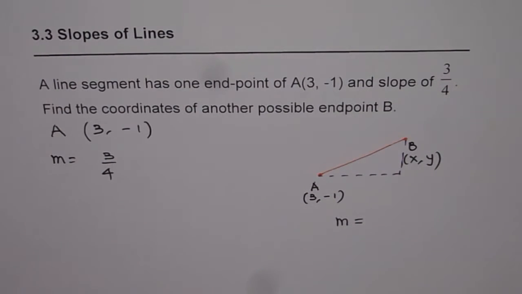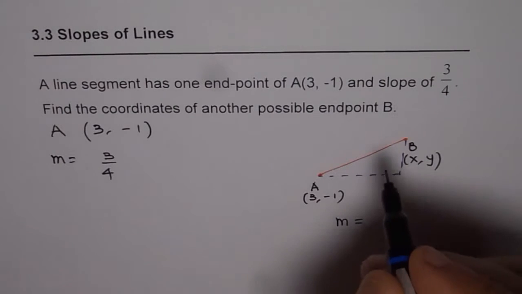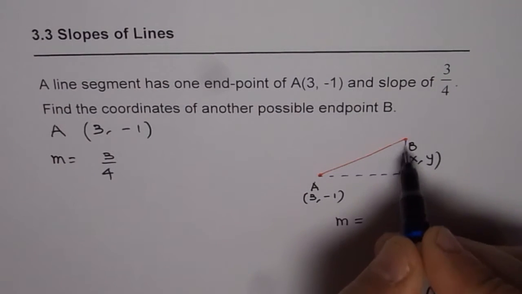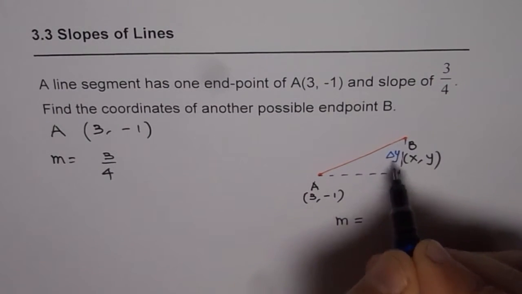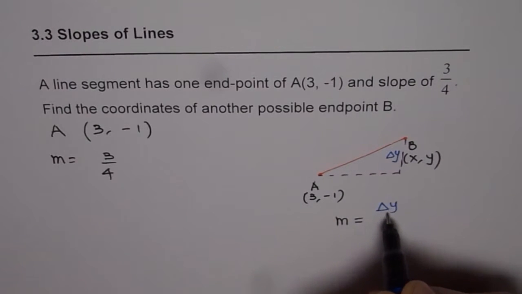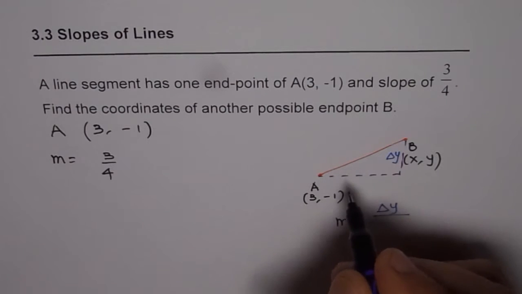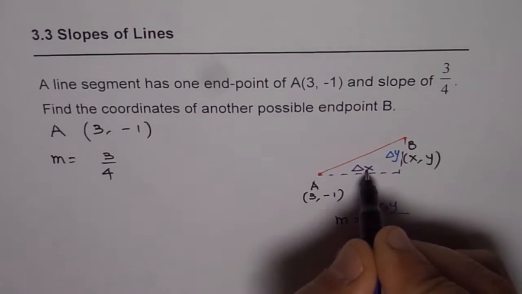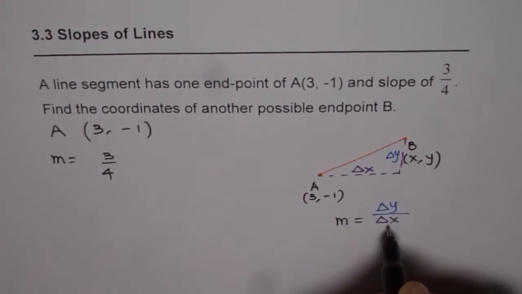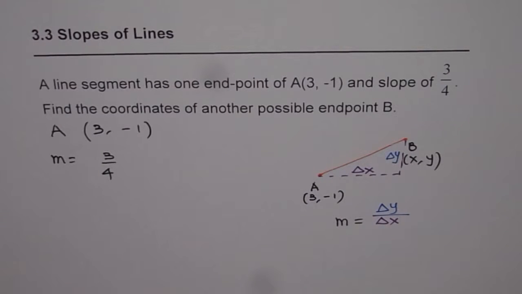Change along the y-axis, so this is the y-axis, vertical, right? So that is delta y. And change along the x-axis, so this is delta x. That is slope for us.